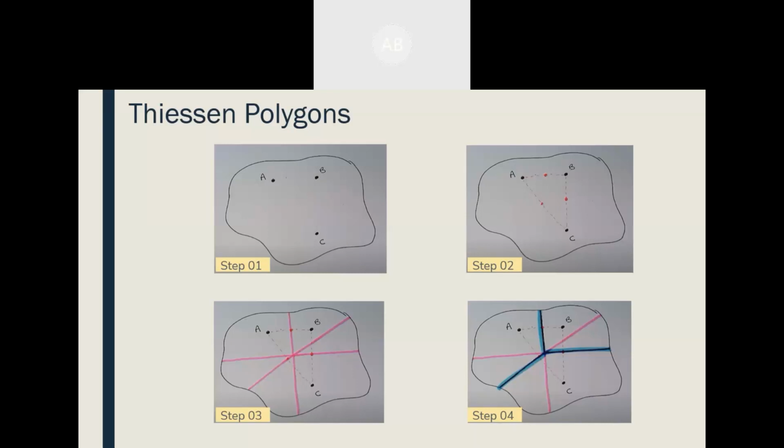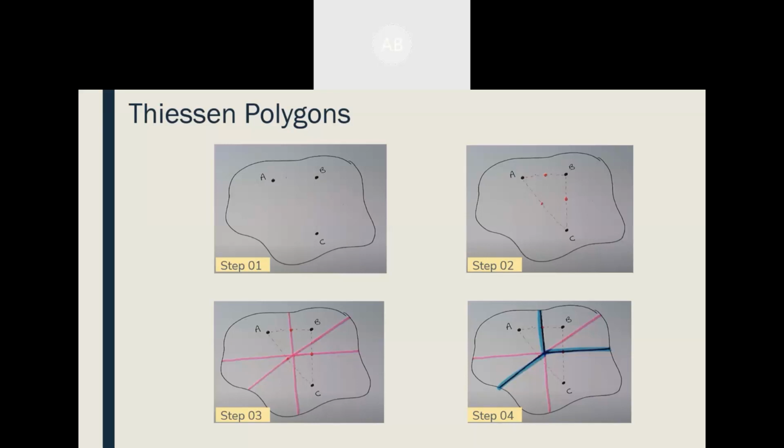Then you connect straight lines from A to B, B to C, C to A. That is shown as step 2. Then you find the middle point of these straight lines, bisect each line there, and extend that line to the outer edge of the polygon.